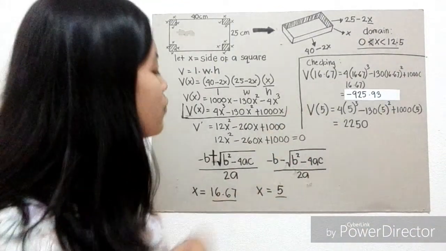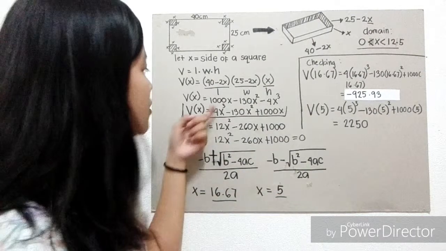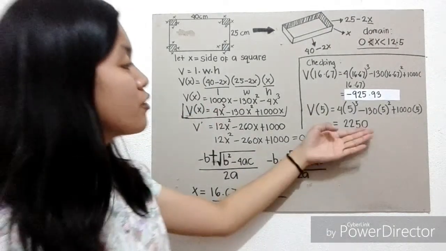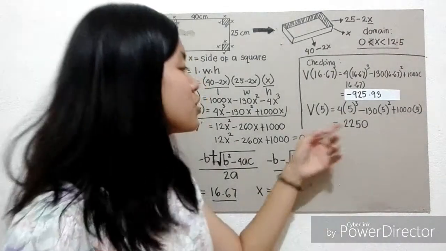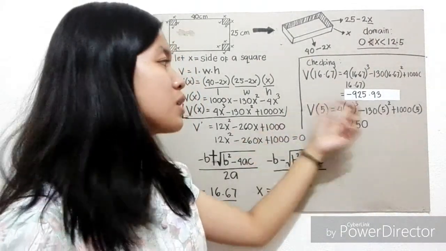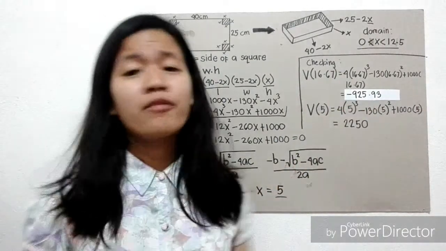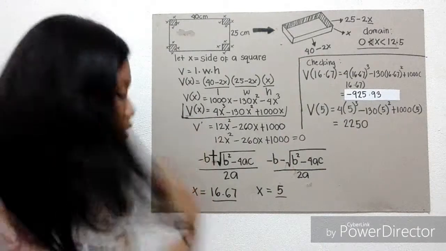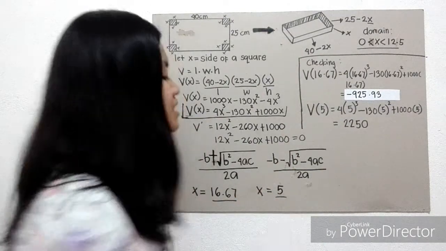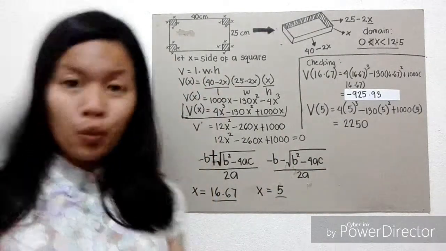If you substitute 5 into this function, you'll have the answer of 2,250. It is very clear that 2,250 is much bigger than negative 925.93. So yes, we're correct that 5 is the size of the side of our square.